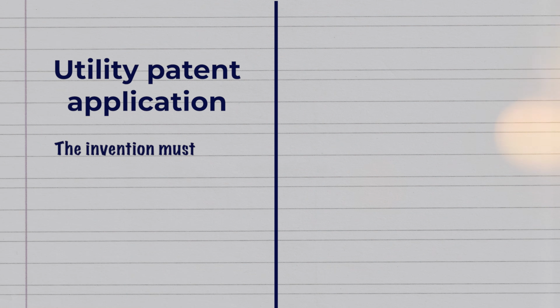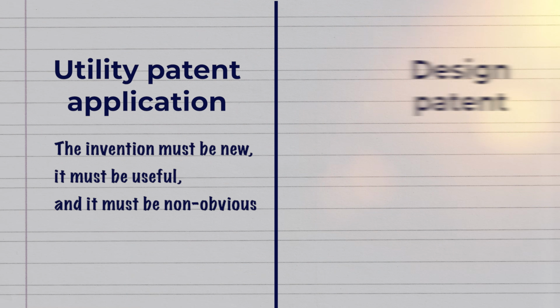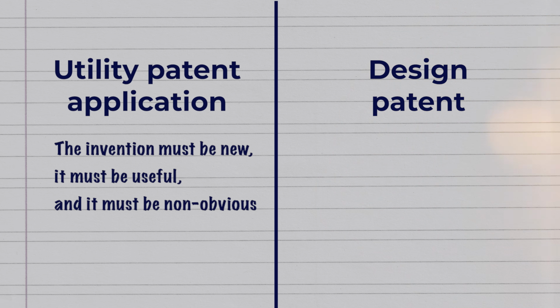Now, the requirements to get a utility patent are that the invention must be new, it must be useful, and it must be non-obvious. By contrast, where utility patent applications protect useful inventions, design patents protect ornamental inventions.